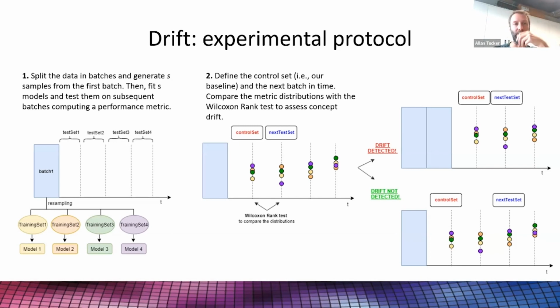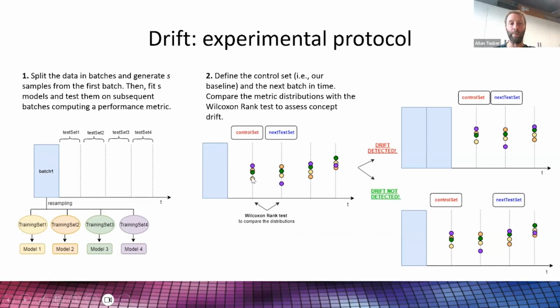We came up with an approach whereby we sample from an initial batch of data and use those different samples to build a number of different predictive models. This would then allow us to take those models and predict, assess and validate a future batch, let's say the next batch here, which we call the control set.